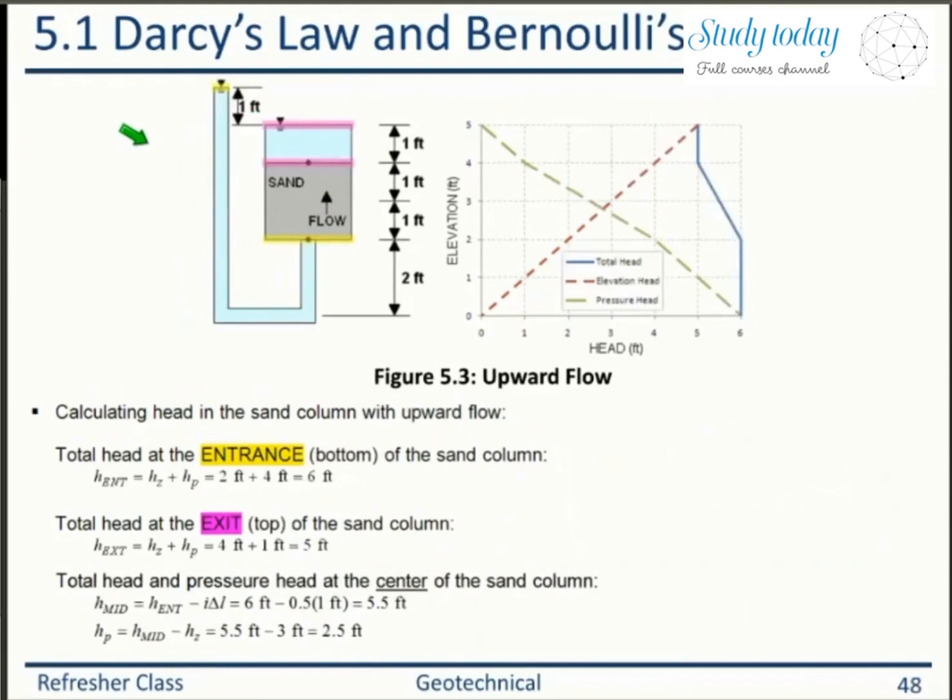So this is how. Let's say this changes to this. You have a sand column here, and above the sand column the water level is there. If you insert a piezometer here, and in the piezometer the water rises there, right?